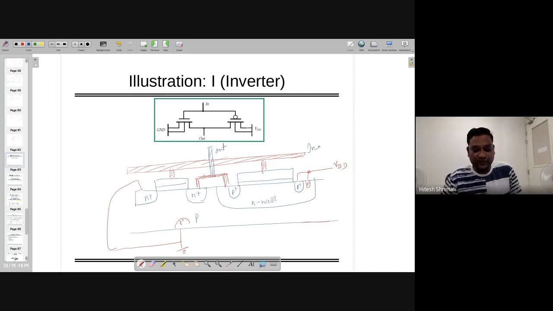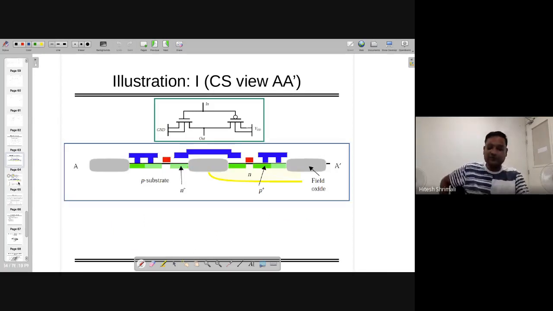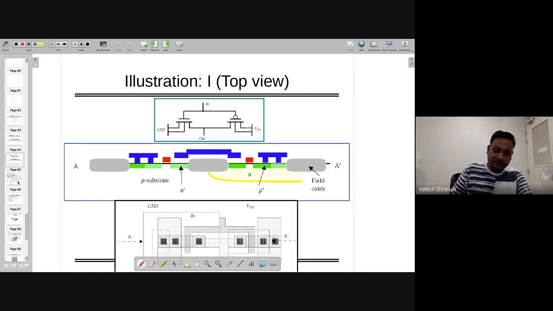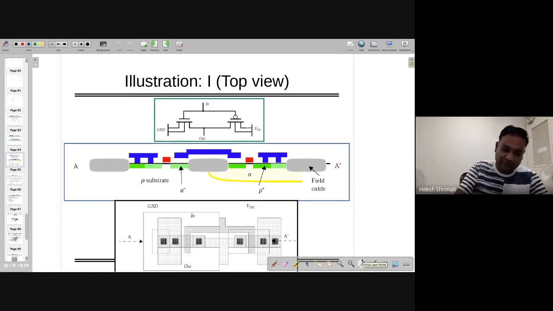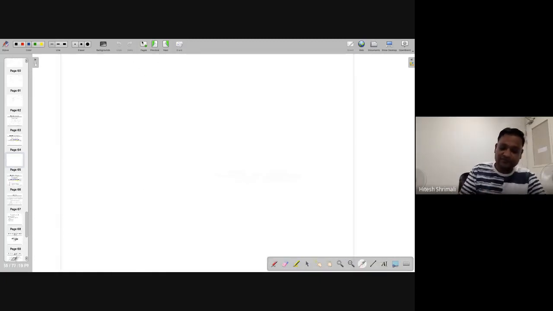This was the elevated view, but rather than elevated view, the easier or the most important way to draw it is the top view. Okay, so here also the elevated view has been drawn, but if you look at the top view, maybe I can draw this one so that you can understand. So top view, if you remember, NMOS is like this, and drain and source are interchangeable.